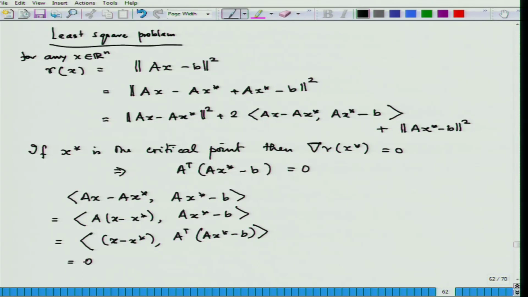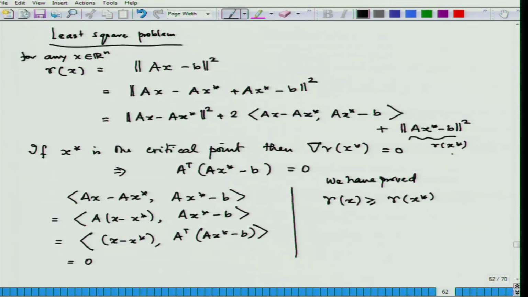So this is 0 and this is greater than or equal to 0. So what we have proved is that Rx is greater than or equal to Rx star, which is this part. So this is your Rx star. Hence x star is the minimum of Rx.